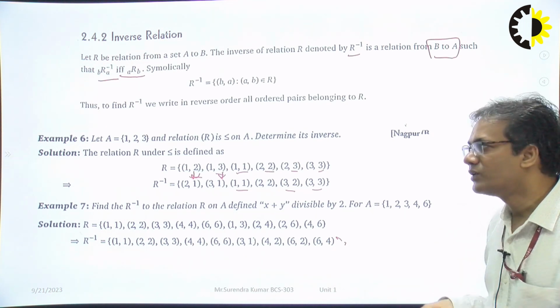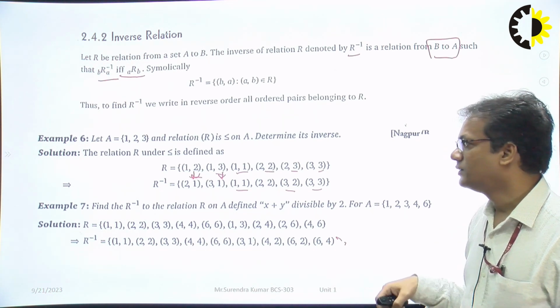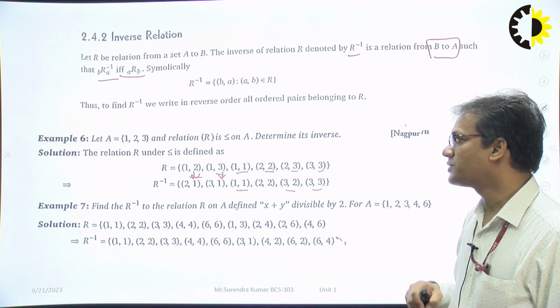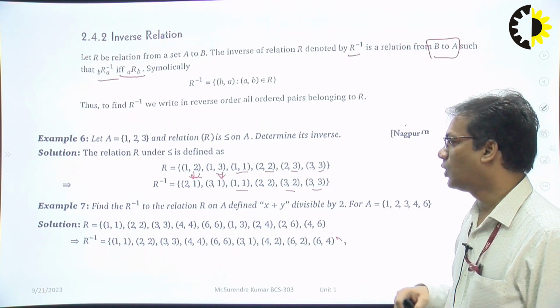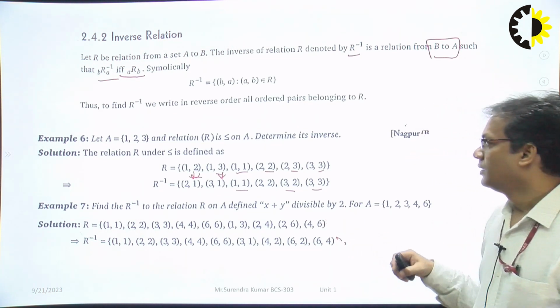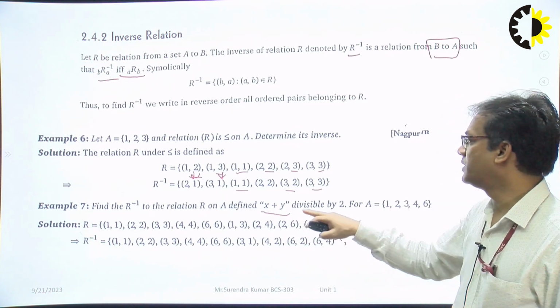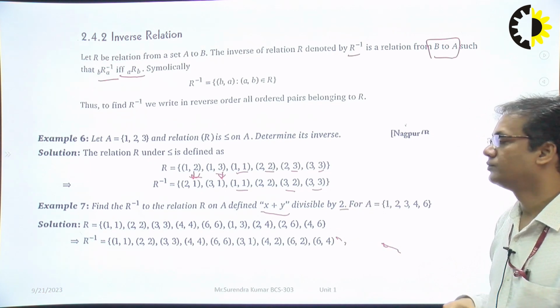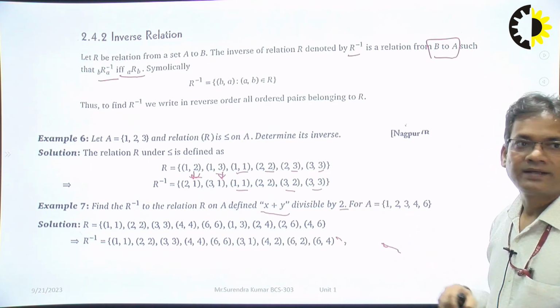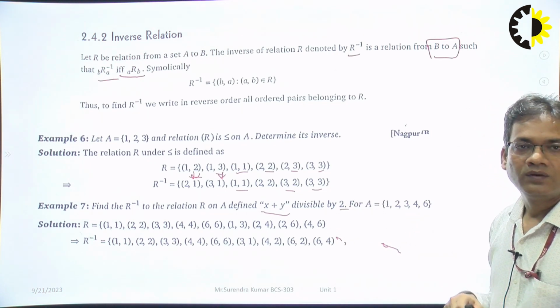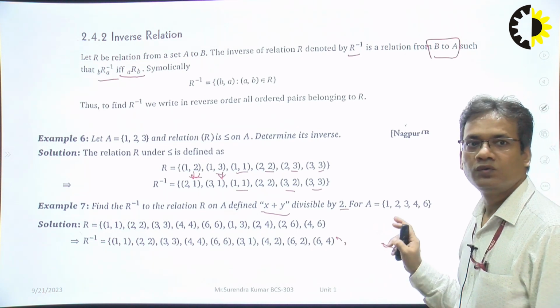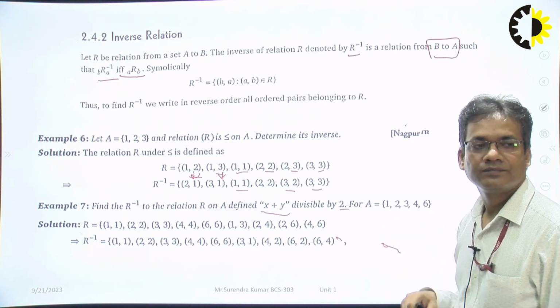Again, there is one more example. We can find R inverse for the relation R on a set defined by x plus y divisible by 2. There is a set A which has elements 1, 2, 3, 4 and 6.